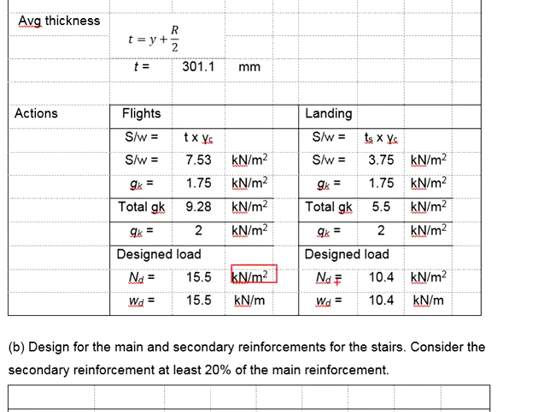Be careful with the units. The design load that you have calculated is on the basis of per unit square area. Now you need to convert this into a UDL. This is for you to analyze the moment and shear later.